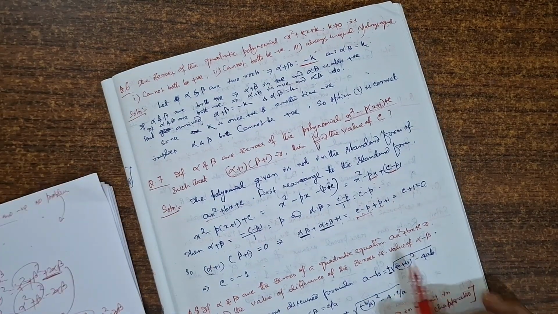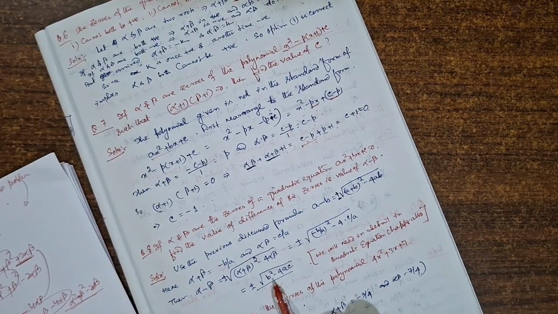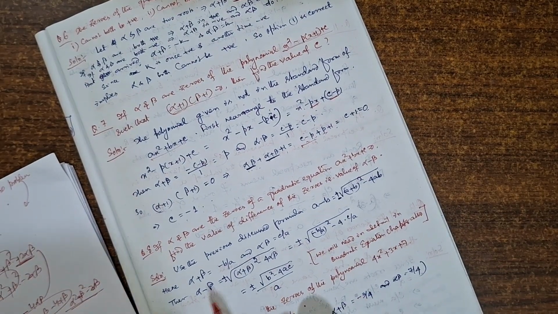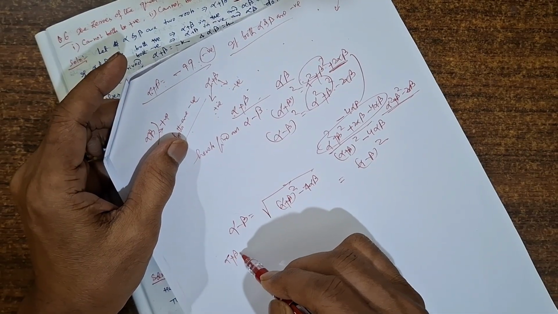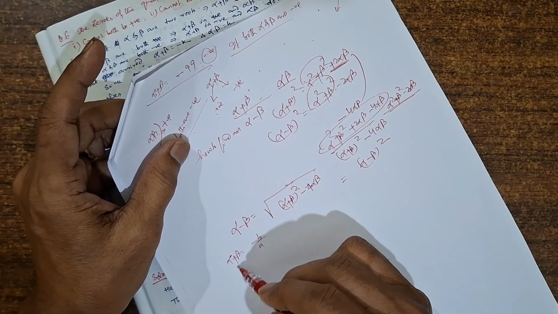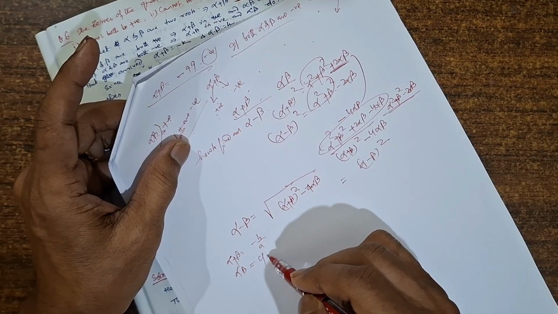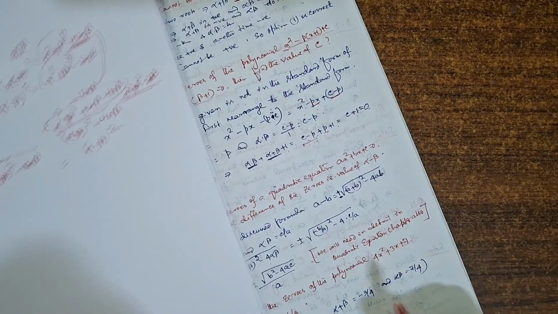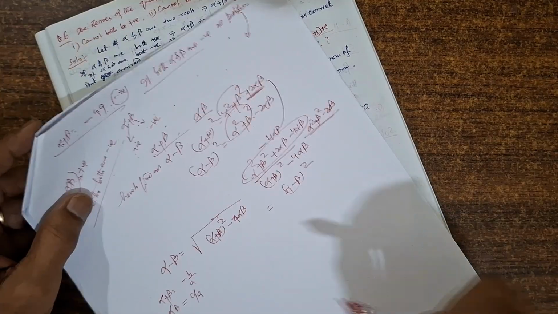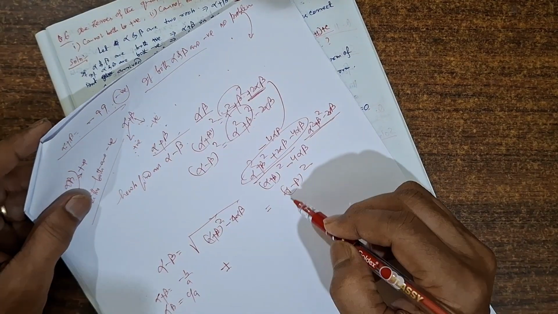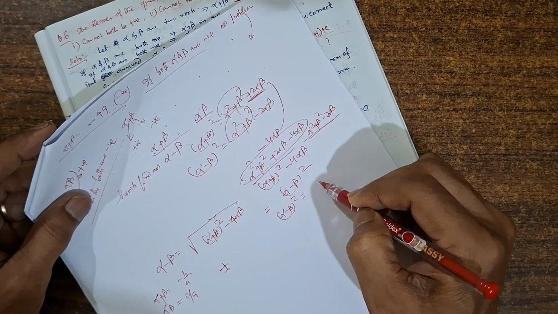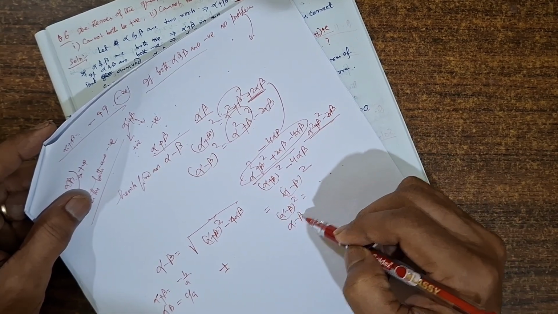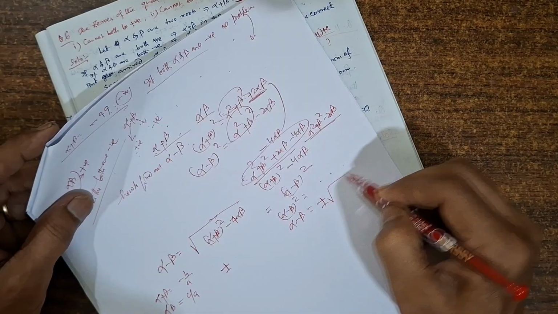Okay, this is written here. If you write it, alpha plus beta is equal to minus b by a, alpha into beta is equal to c by a. You put these two values here, you will get this. This is equal to plus minus, because if alpha minus beta square is equal to this, alpha minus beta is equal to plus minus root over of this.